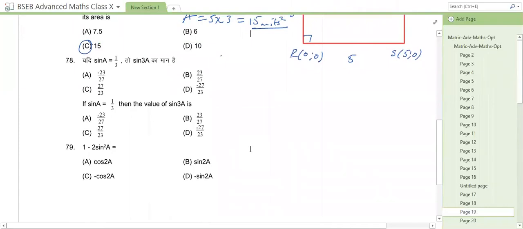Sine A is equal to 1/3. Now, this is quite a lengthy one, unless you remember the formula for sine 3A.